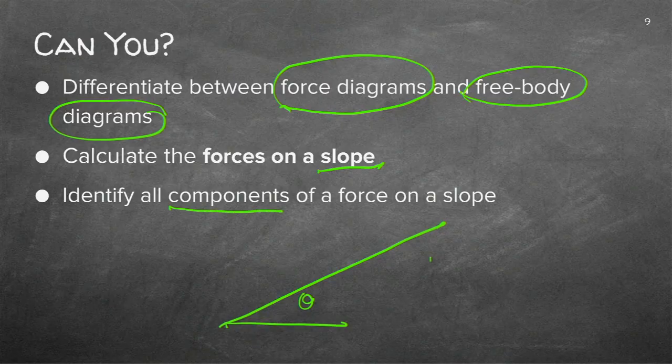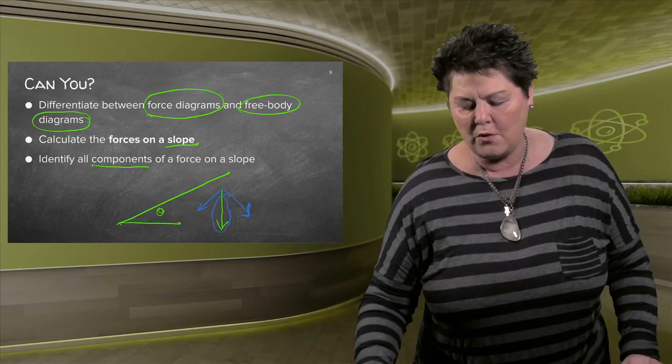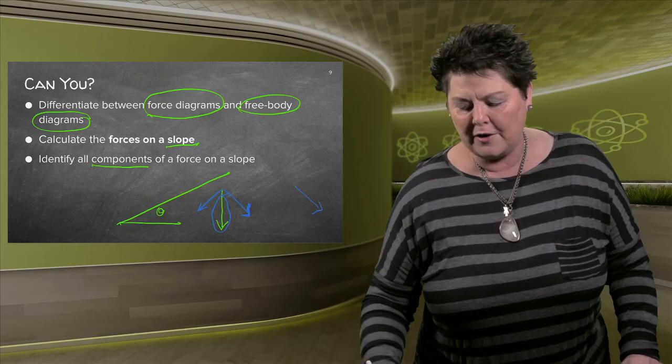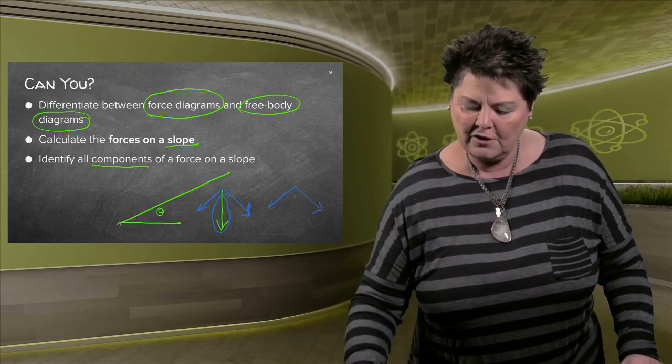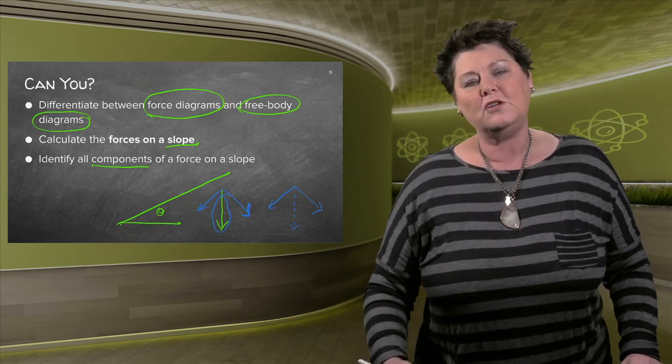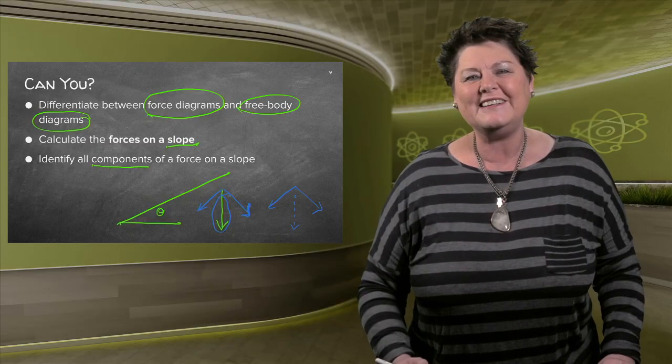Your gravity, which is downwards towards Earth, will always have a slope there with a perpendicular component and a parallel component. Be careful that you don't work with this force, rather work with the two components. And as I said, in every diagram, you then draw your gravity with a dotted line. I hope you can do these calculations.